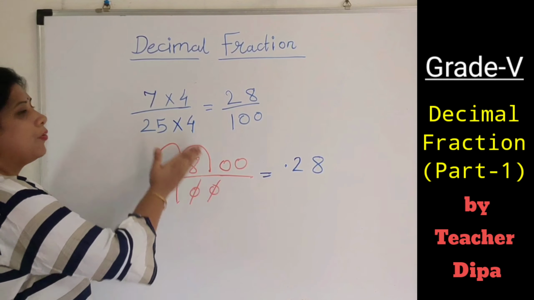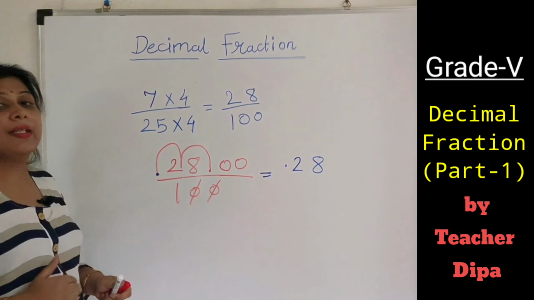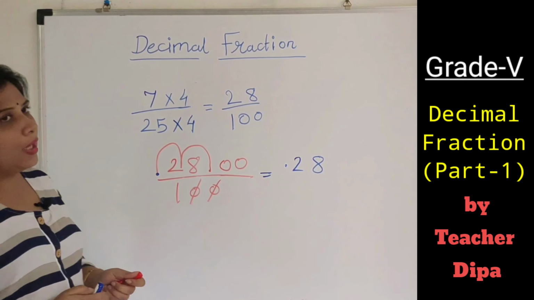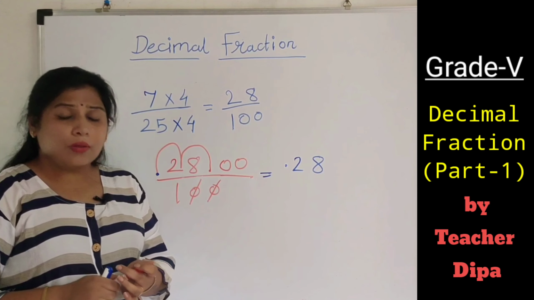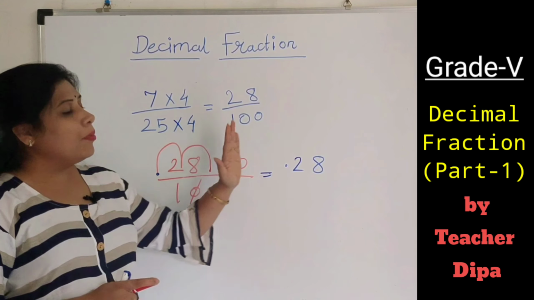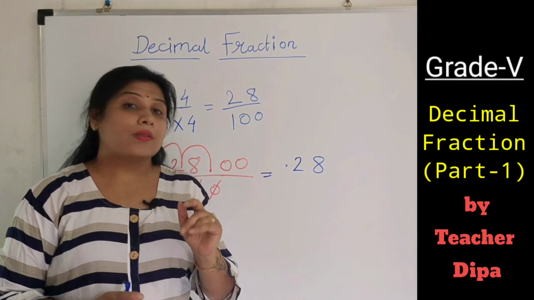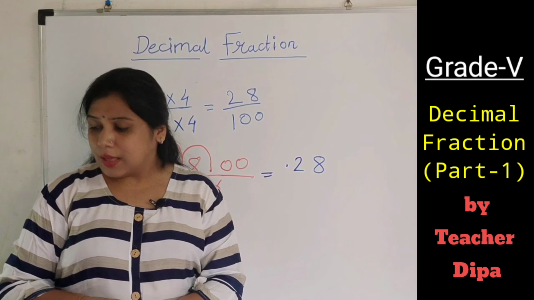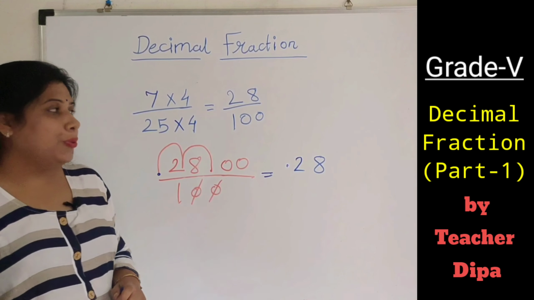This is called the decimal fraction. You have to convert the fraction into its decimal fraction. Now one question may arise in your mind. The denominator can be a multiple of ten, but sometimes it doesn't happen. I am giving another example to you.